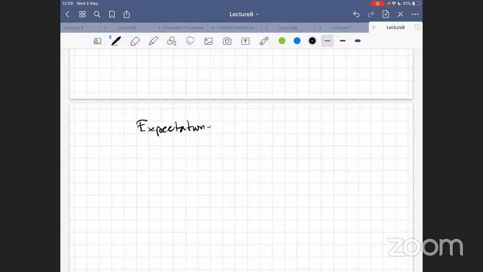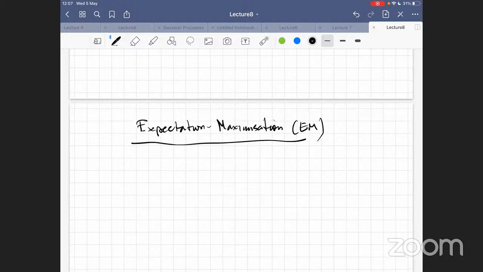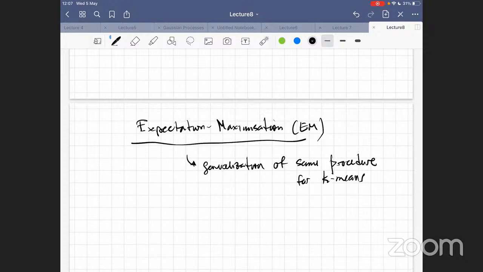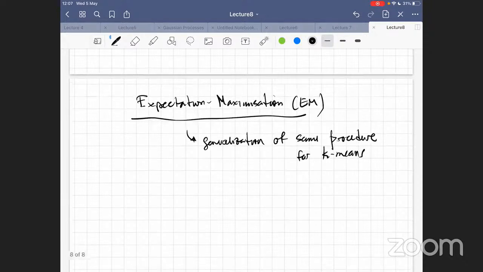This is a generalization, if you want, of the same procedure we did for k-means. So there is a two-step iterative procedure that hopefully will find convergence at some point.